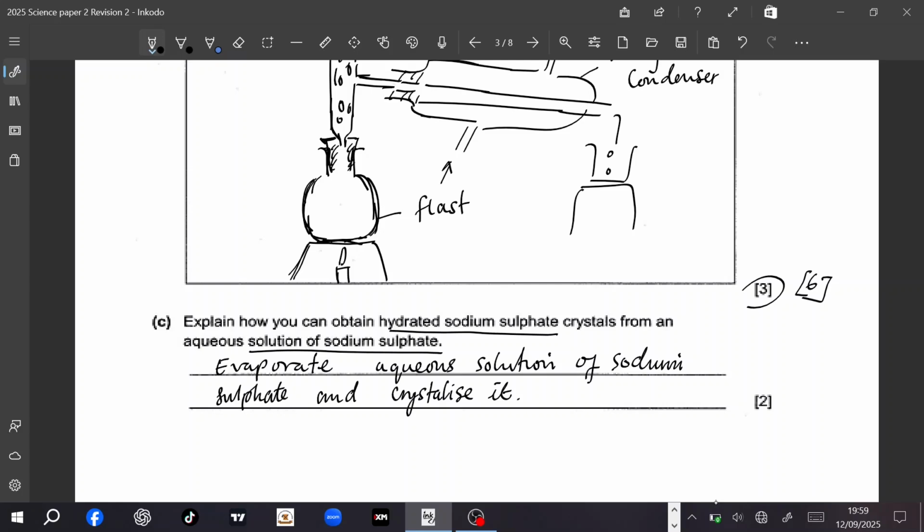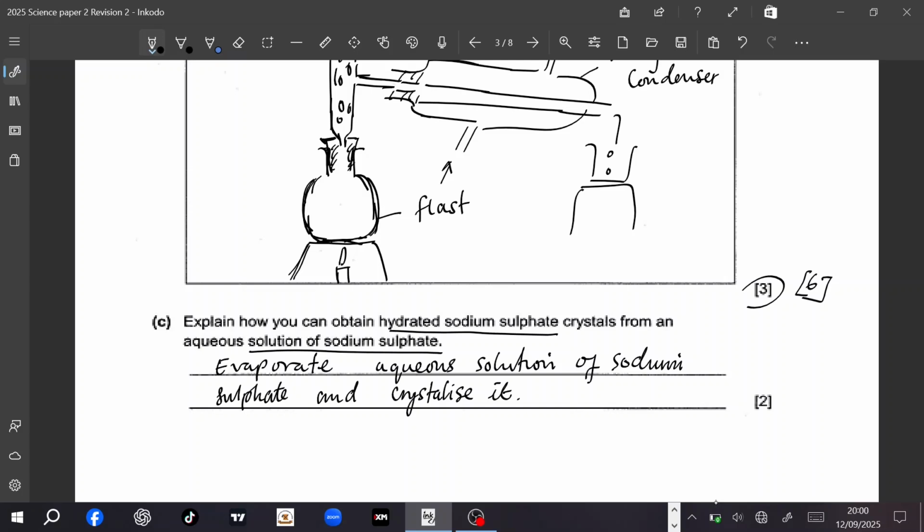Okay, so you crystallize it. How? You evaporate to saturation point and then allow the remaining solution to cool down naturally under normal temperature.